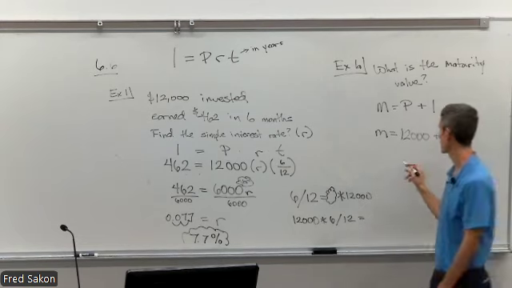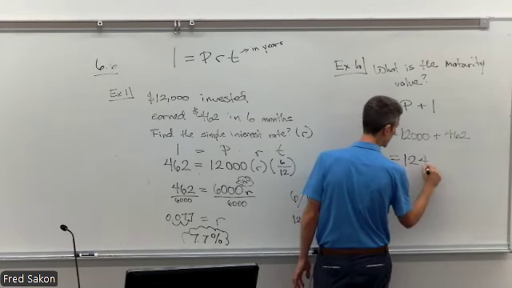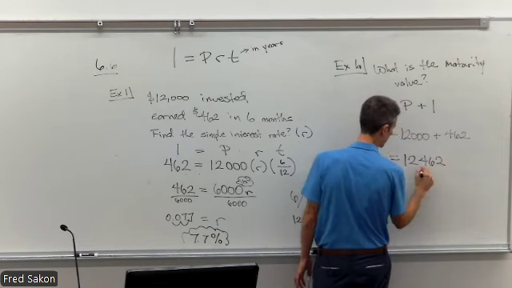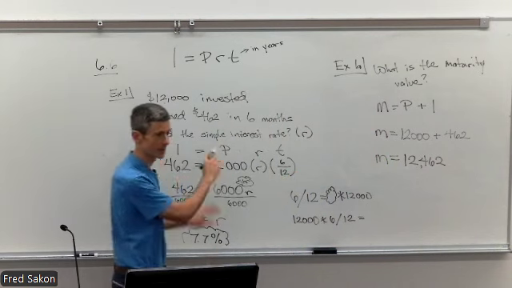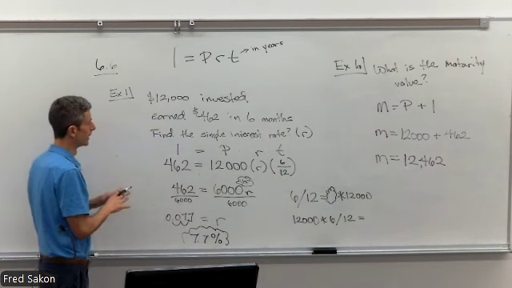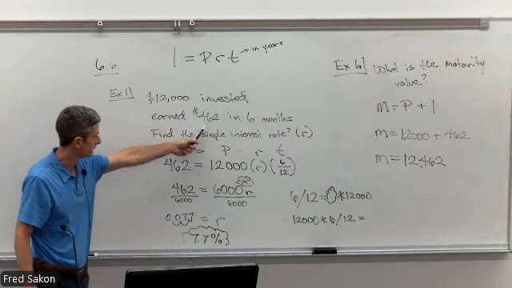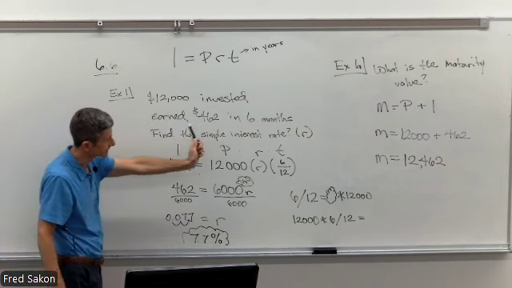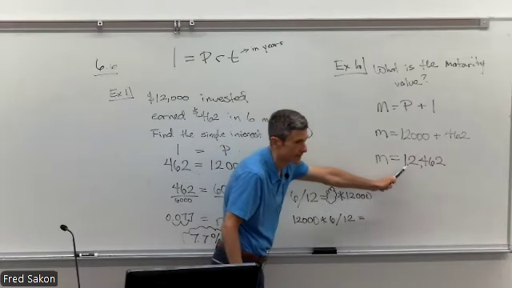Add those two together, and at the end of that 6 months, we have $12,462. That's maturity value in that particular example. We invested 12,000, earned $462 in 6 months. So at the end, this value is that amount.